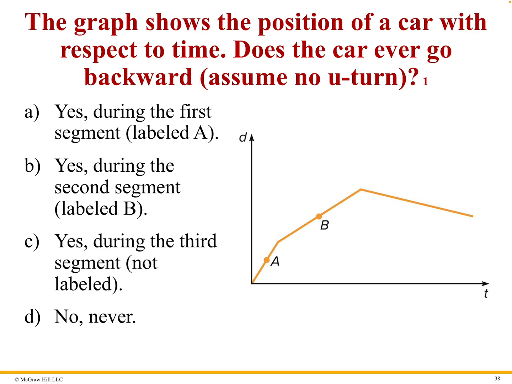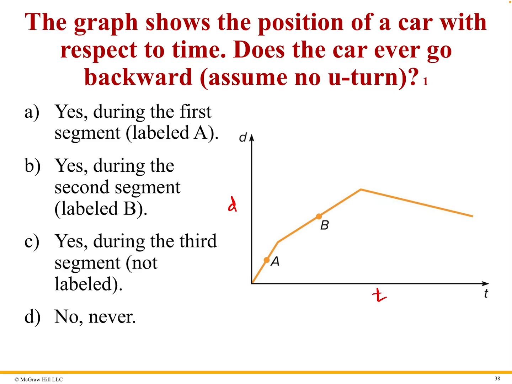All right, so let's answer some of these questions really quick. See how we do. All right, this shows the position of a car with respect to time. And it says, does the car ever go backward? And so, again, we have distance versus time.